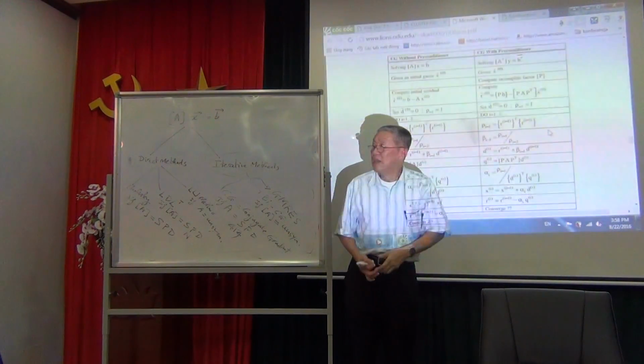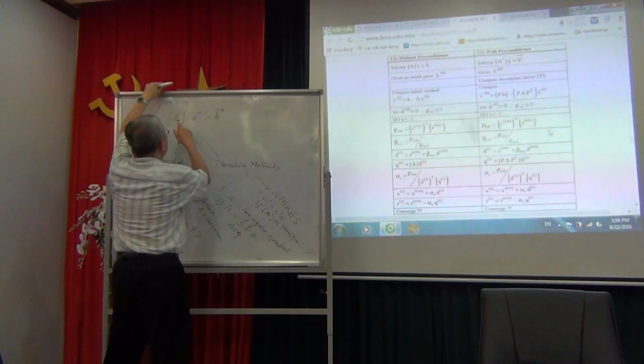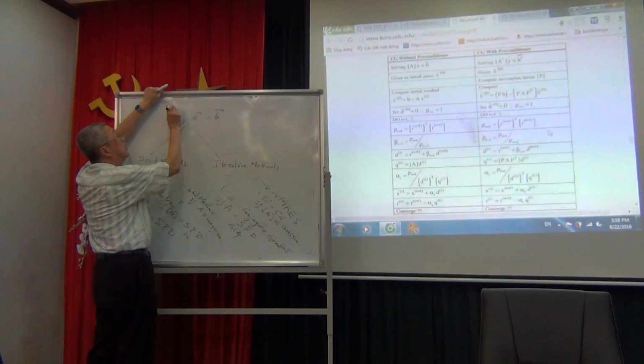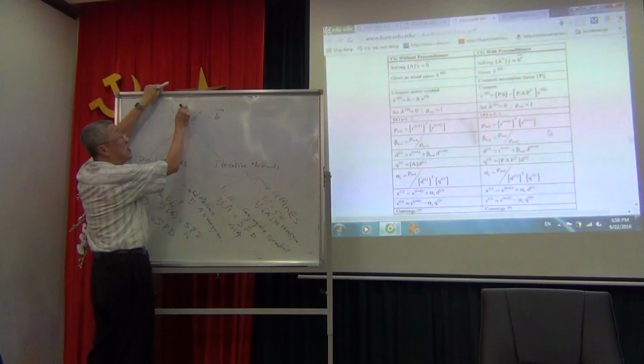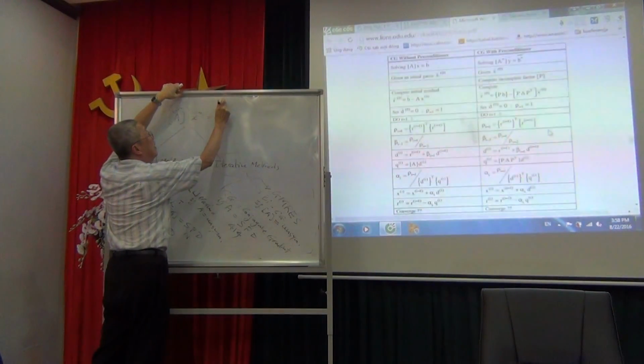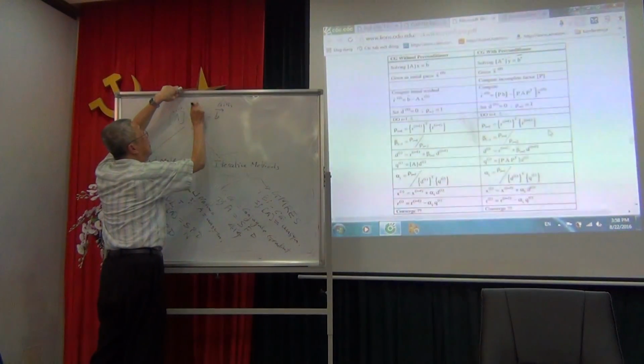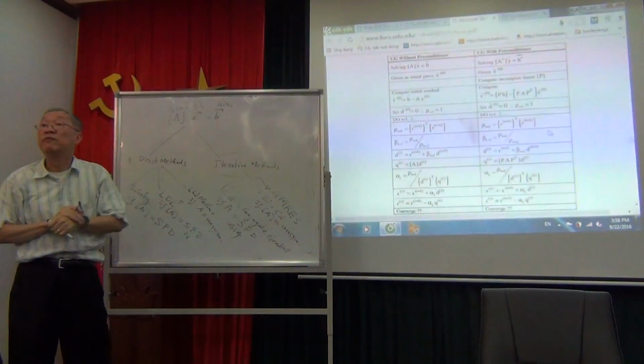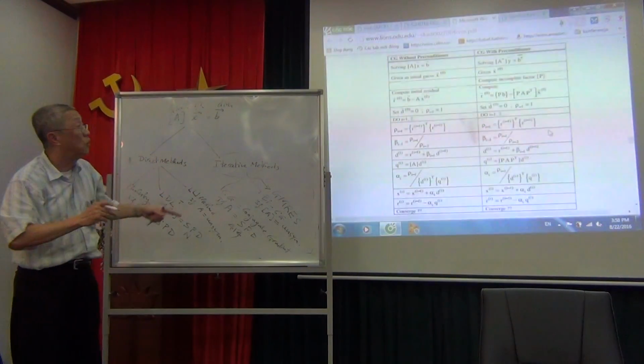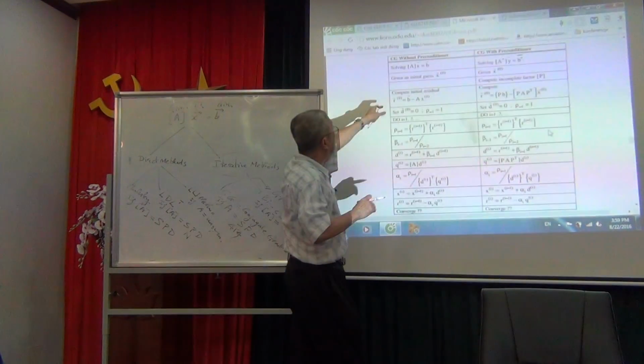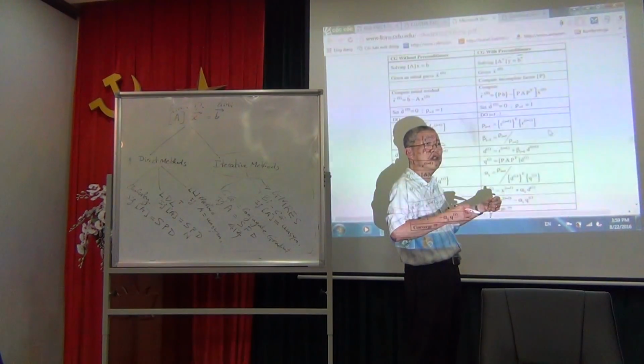Because you want to solve, the matrix A is given, b is given, and x is what you're looking for. So, in the first step, you just guess the solution.